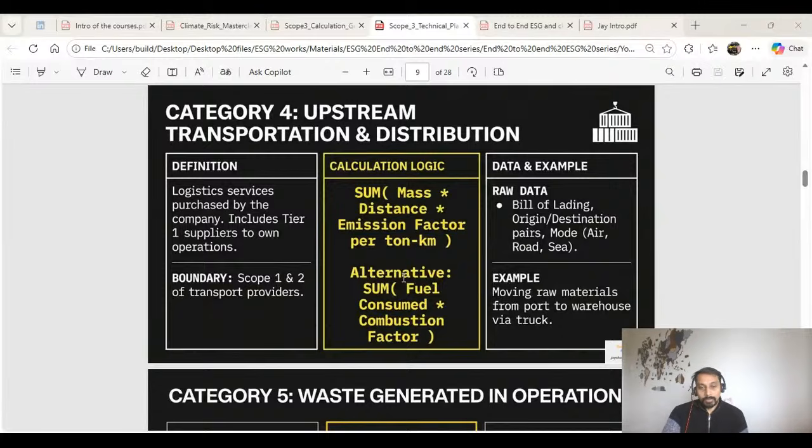Most companies start with averages, which is very easy to do, based on the transportation mode, whether flights, ships, or trucks, and calculate the average category 4 emission data for scope 3.